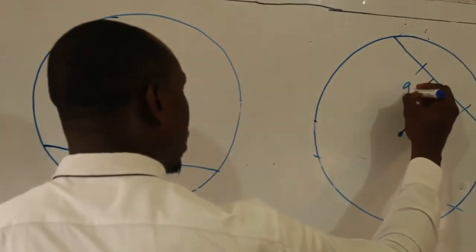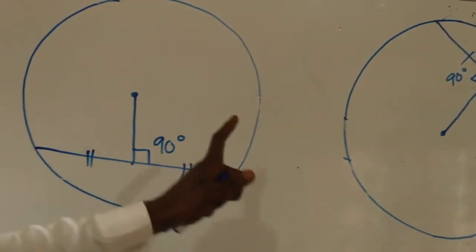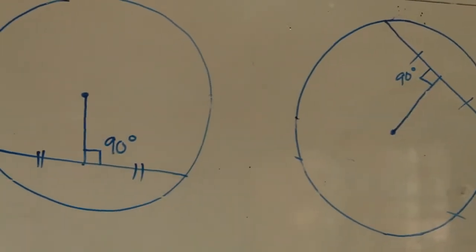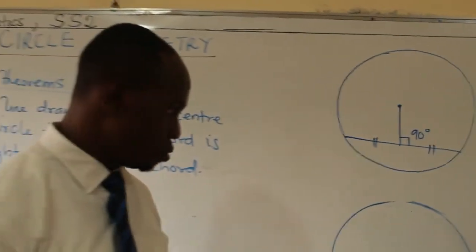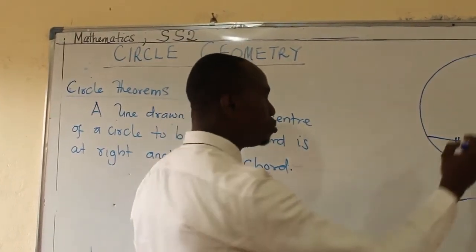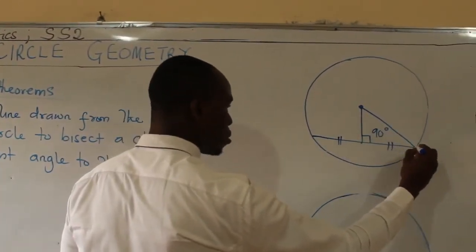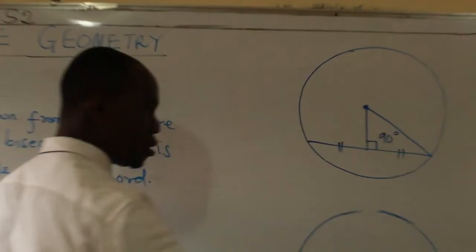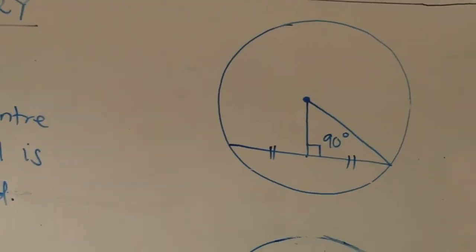So this angle formed here. Now, questions around this particular theorem are always designed to form a right-angled triangle. Because obviously, if I include the radius of the circle from the center to any point in the circumference, I have ended up forming a right-angled triangle.